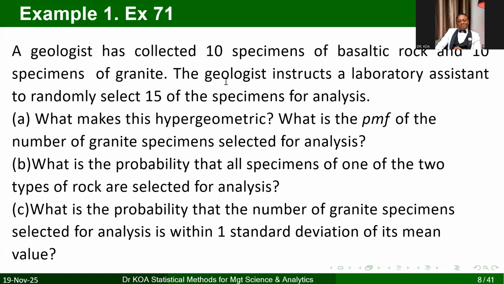But then, we are not talking about if you have been given an example. Once you talk about the toss of a coin, for example, you toss a coin 10 times and count the number of heads. You can also toss the coin many times.